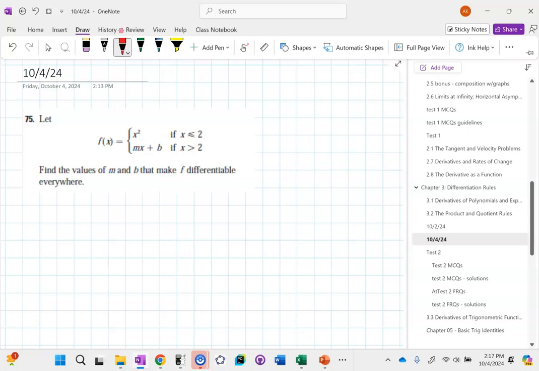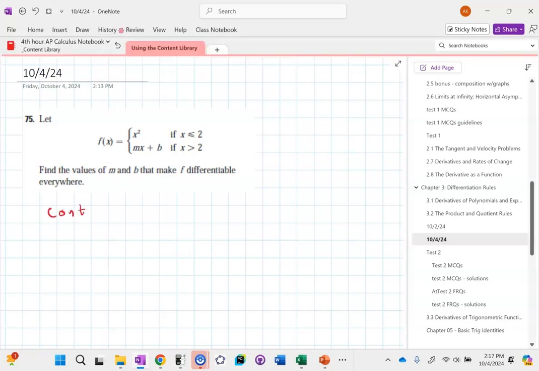So I need continuity. So I need the limit as x approaches 2 from the left of f of x to equal the limit as x approaches 2 from the right of f of x, and that also has to equal f of 2.